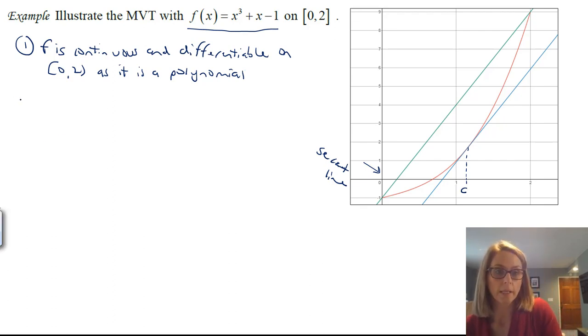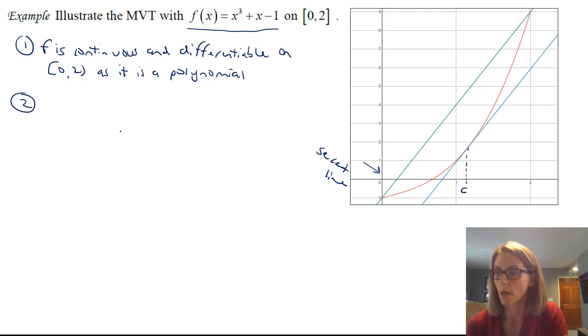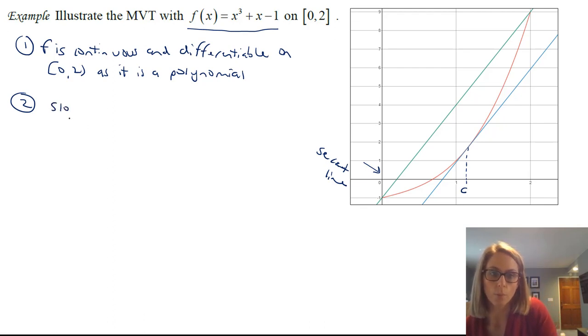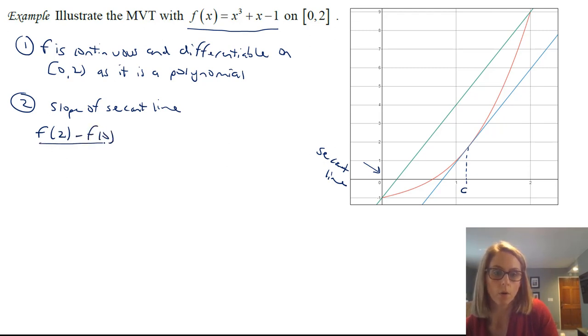Then we need to think about the slope of that secant line. So we need f of 2 minus f of 0 over 2 minus 0. This is finding the slope of the green line.